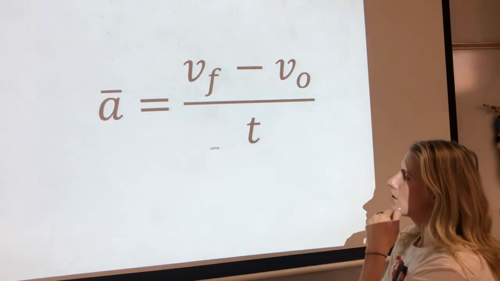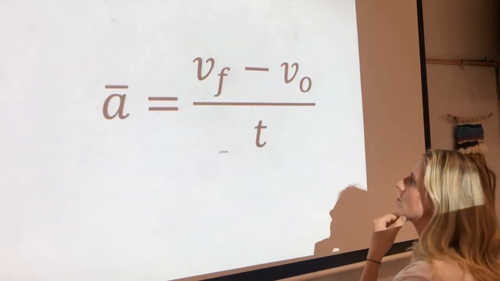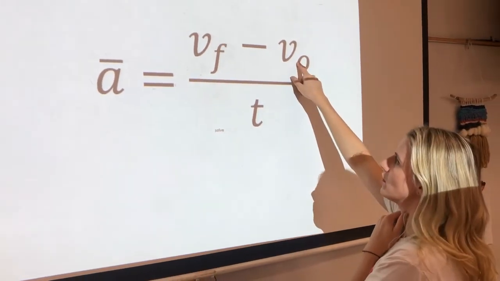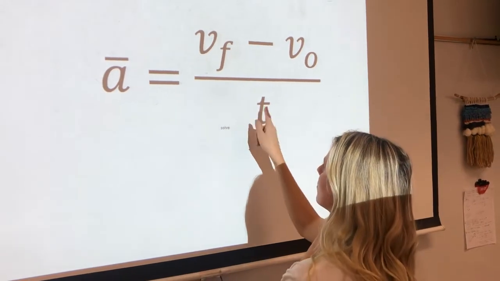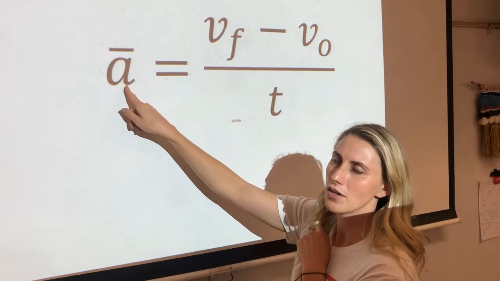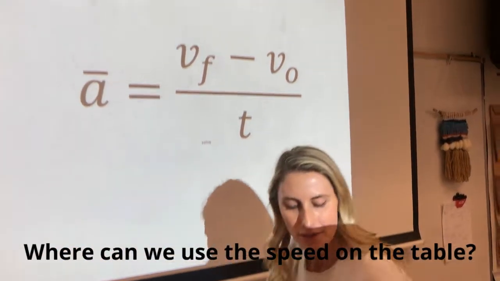How can we figure out our acceleration? What do we know for sure? We know for sure that it starts from rest, right? So we need to figure out what these two are. Don't forget, this is the acceleration down the track. And we already have the speed on the table. How are those related?